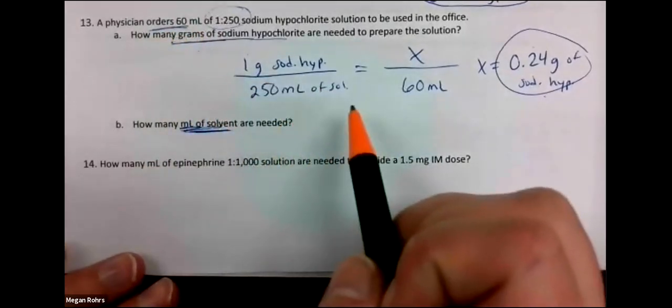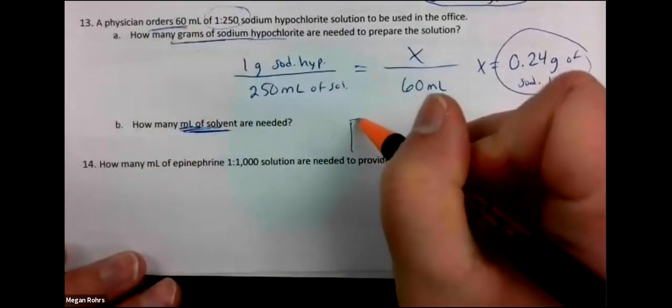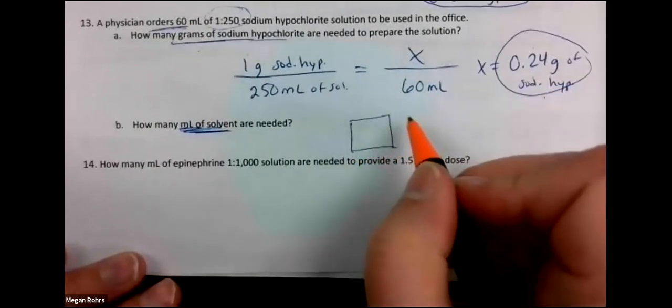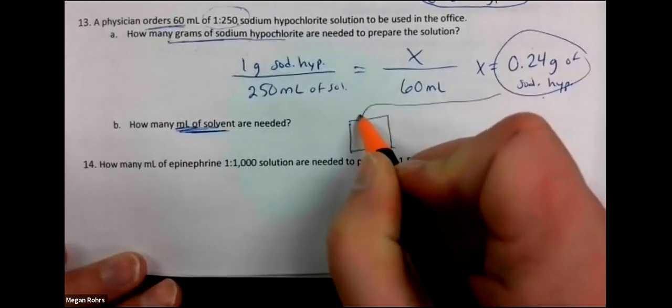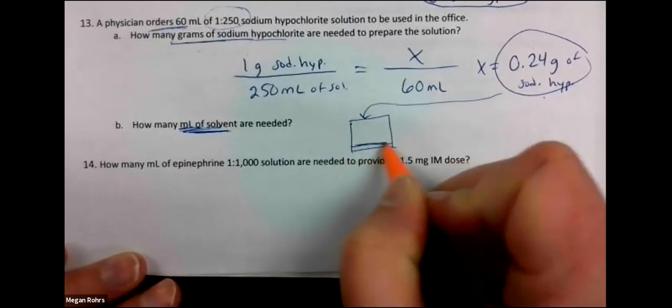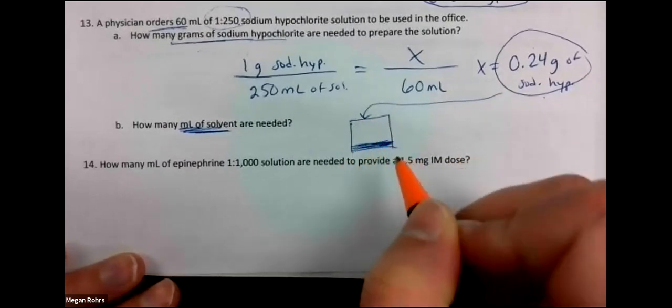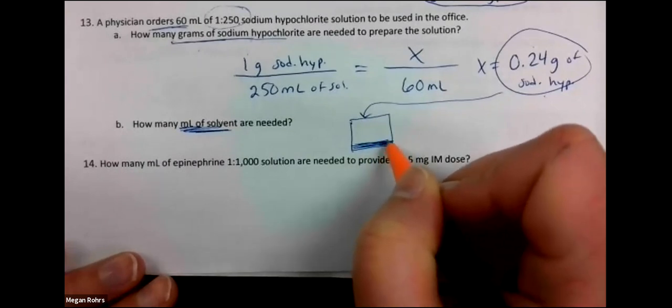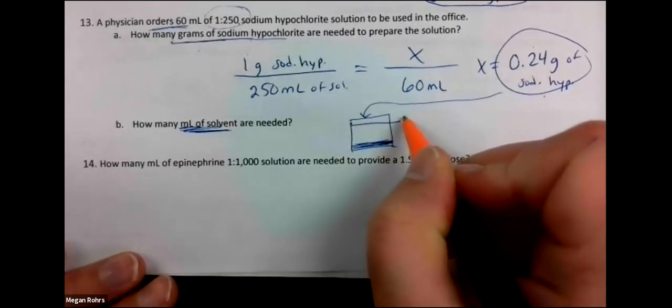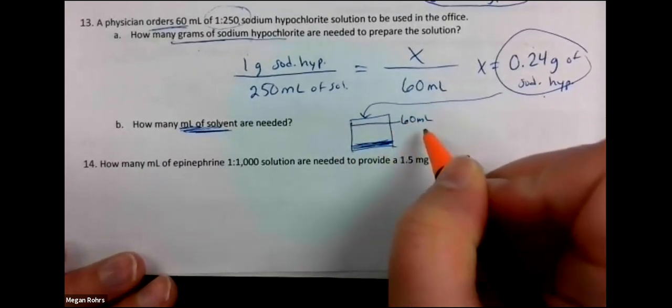But remember, if I just added this powder into my container, that's going to take up space of its own. And we need to get up to a total of 60 milliliters.